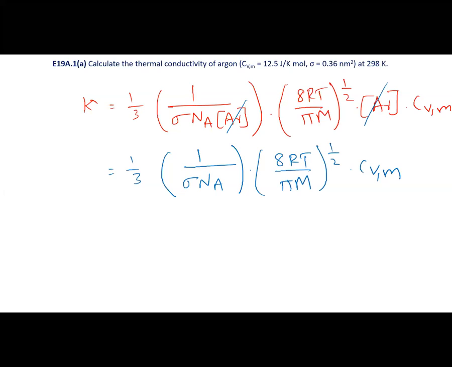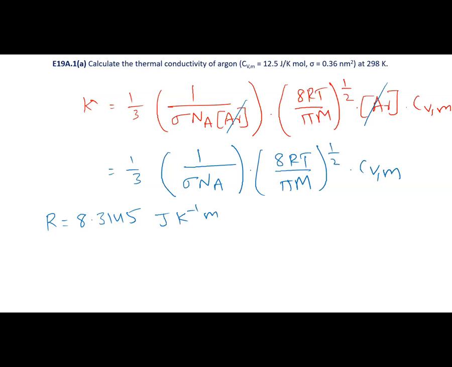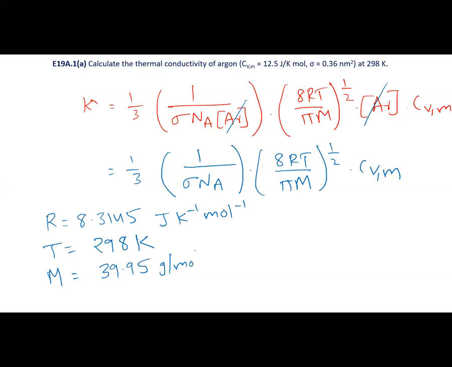So at this point of time, we know most of these parameters. R is equal to gas constant, 8.3145 joule per Kelvin per mole. And we know temperature from the question, 298 Kelvin. Molar mass of argon is 39.95 gram per mole.